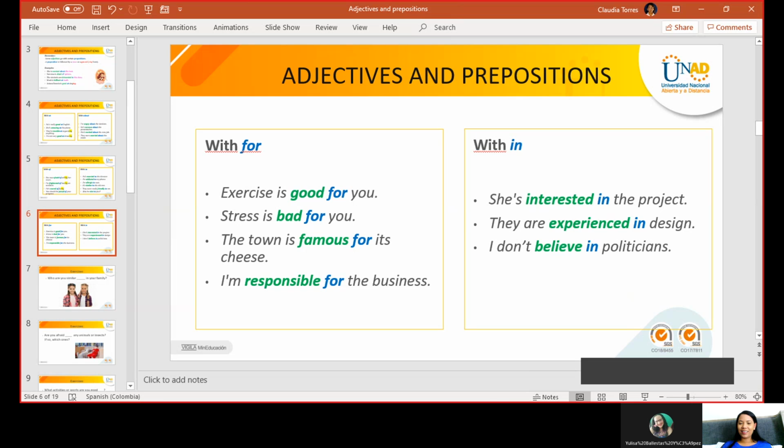Okay, one more with in. We can also talk about experience or beliefs, right? I don't know if we can say I'm experienced in pedagogical experience.